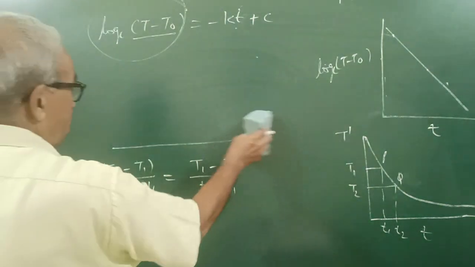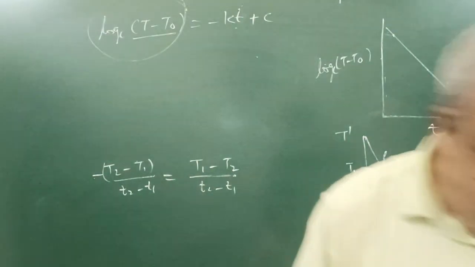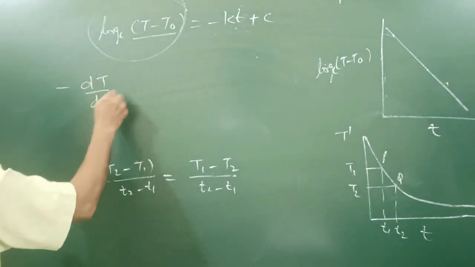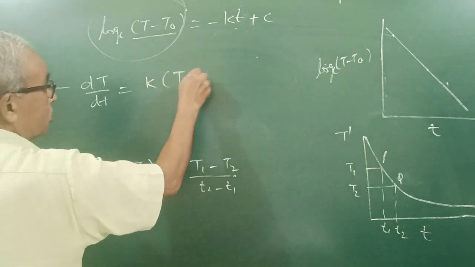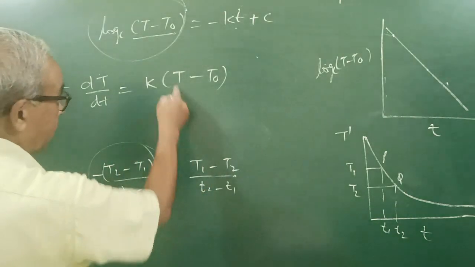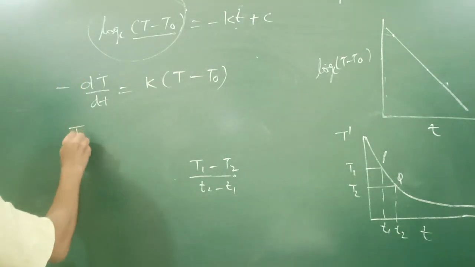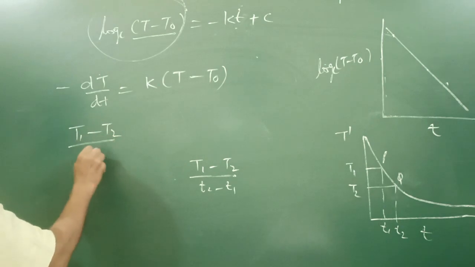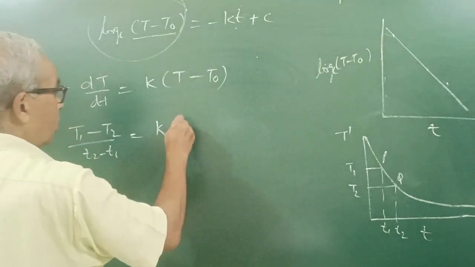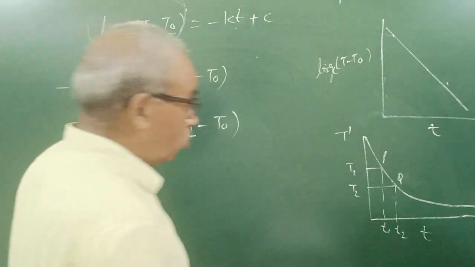If we use this in the equation, there was the equation minus dT upon dt equal to K into (T minus T0). We take this here, so we get (T1 minus T2) upon (t2 minus t1) is equal to K into (T minus T0).